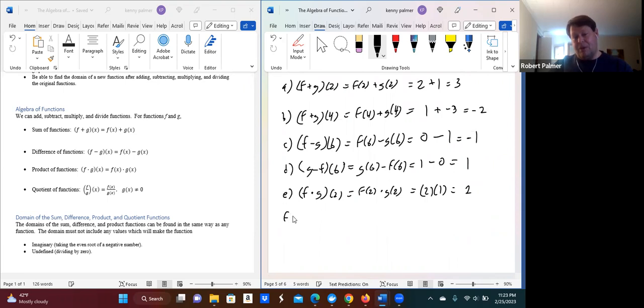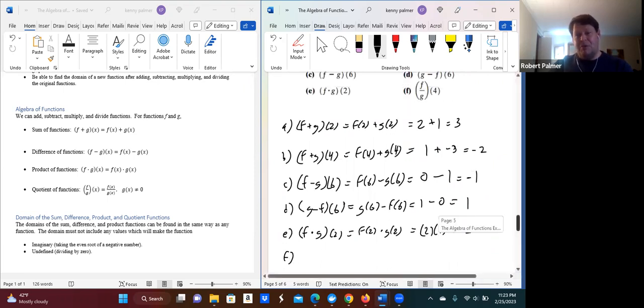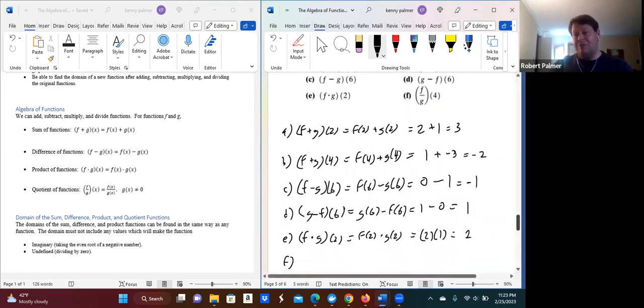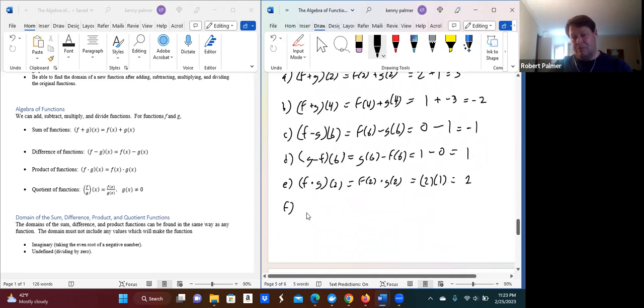Then part F, and this is a division example, f divided by g of 4. Okay, the rule says this is f of 4 divided by g of 4, which we can do as long as g of 4 is not 0.